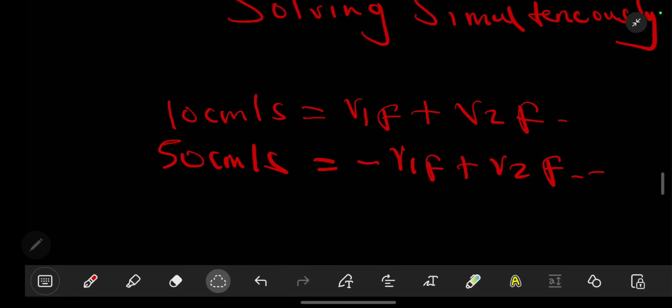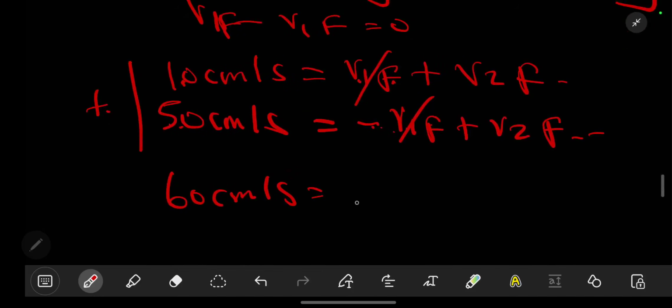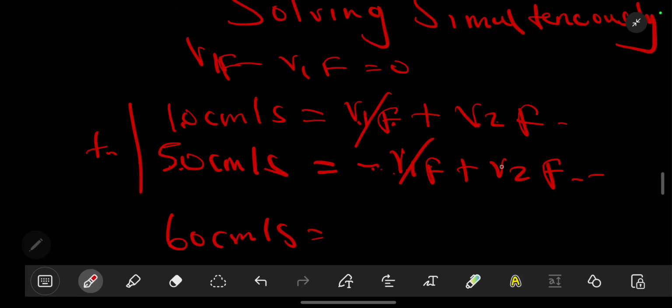So if we have two of them, this one is V1 final, this one is negative V1 final. So we are going to have 10 plus 50. We are going to add. Why add? Because this one has positive, this one has negative, and they have the same coefficient. So 10 plus 50 will give us 60 centimeters per second, should be equal to V1 final minus V1 final. So this will be 0. This and this cancel. So we are going to remain with V2 plus V2. It will be 2V2 final.